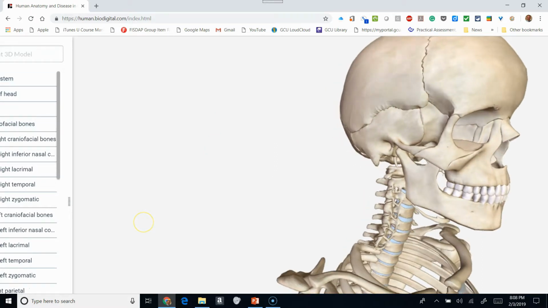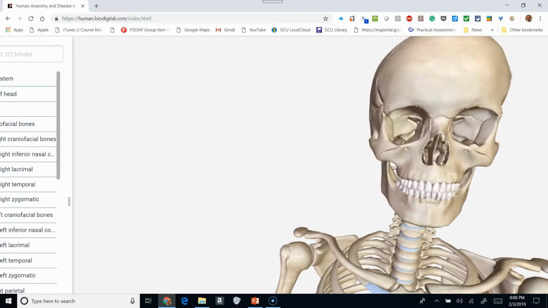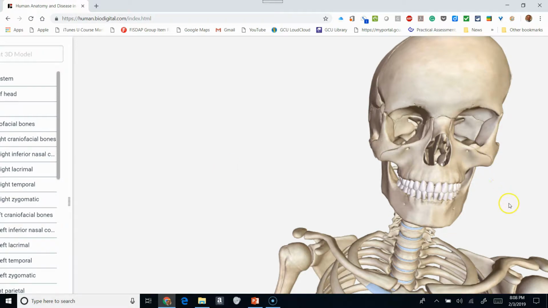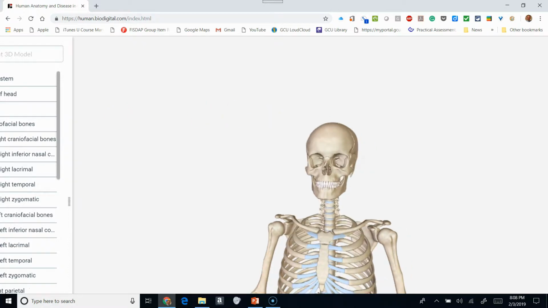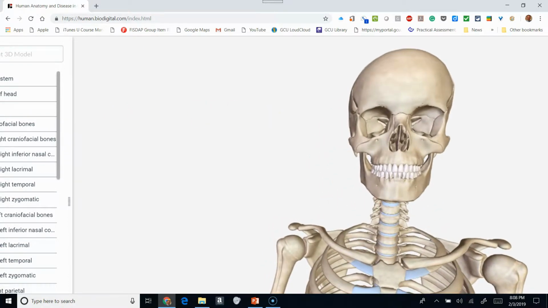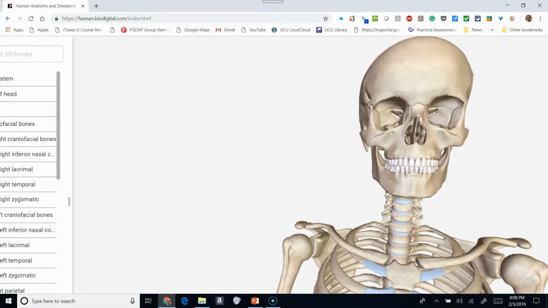Now the mandible is also that area that is going to be the only one that we can move. Okay, so it is going to be the only one that we can move, and the maxilla, again being that upper jawbone, is not able to be moved. So the other places that we want to take a look at is going to be this orbital area.